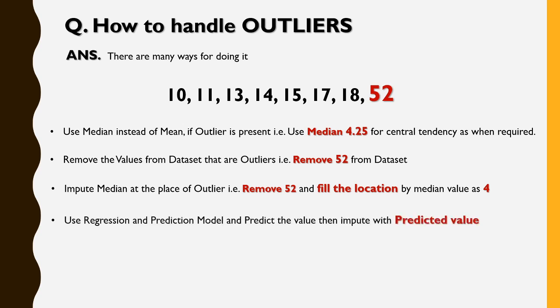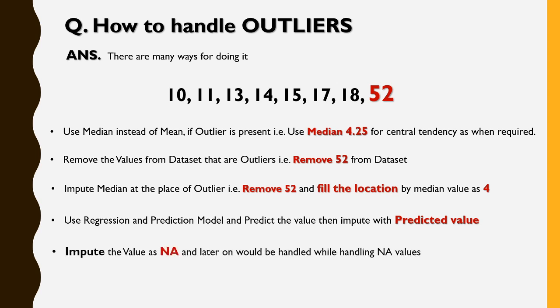Another, more accurate method is that we can use a regression model or a prediction model and predict the exact value that can be imputed at that place. So instead of removing it, we are imputing it with the predicted value using a regression or prediction model.